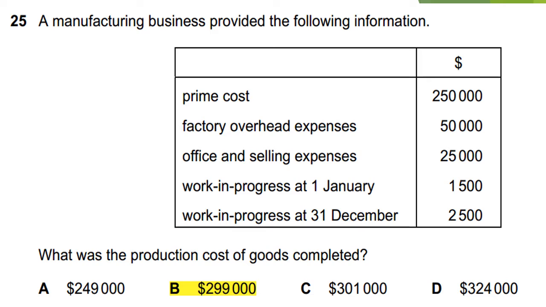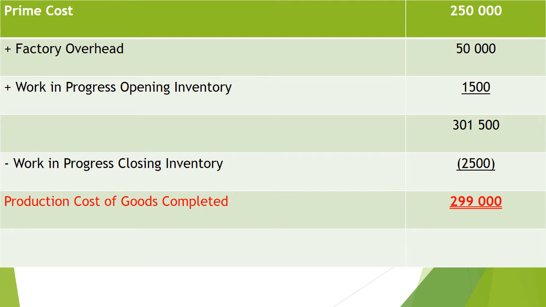What was the production cost of goods completed? And B option is correct, 299,000. We will see the working on the next slide. Prime cost is $250,000 plus factory overhead 50,000 plus work in progress opening inventory 1,500.